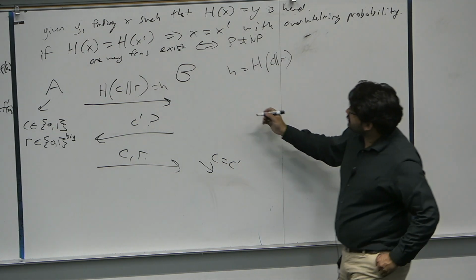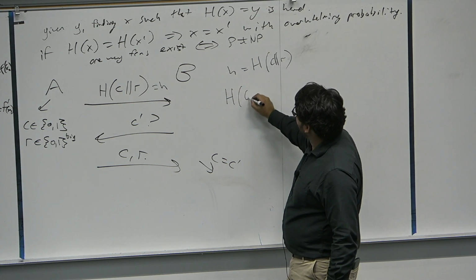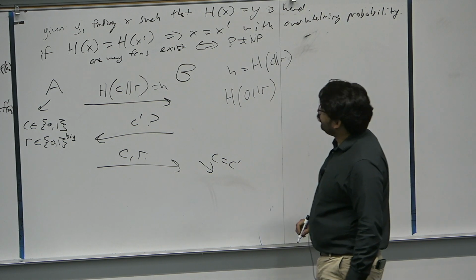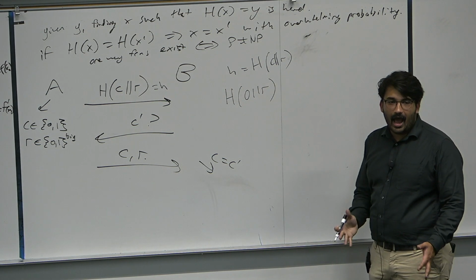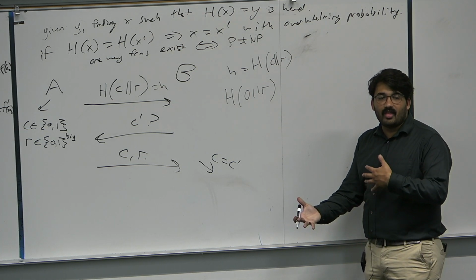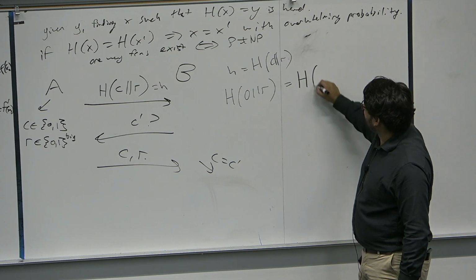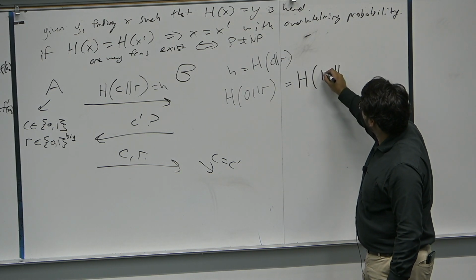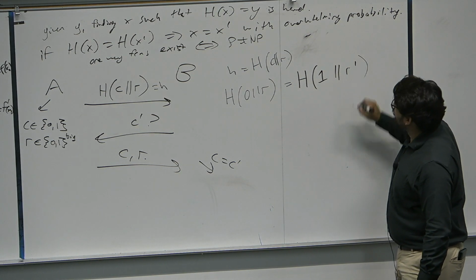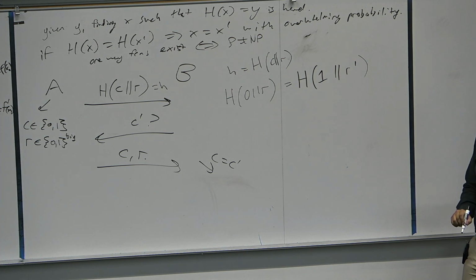I guess what I'm asking is, let's suppose the first bit was a 0. We are looking for some hash that hashes to the same value. Essentially, Alice has to look for some r prime such that that is true, right? Can they do that?